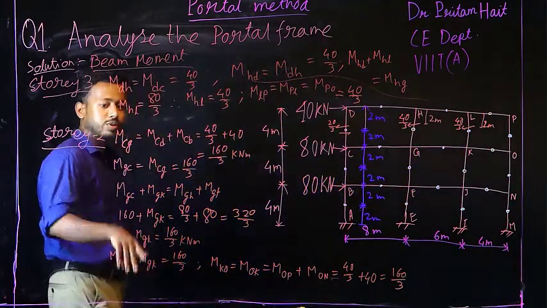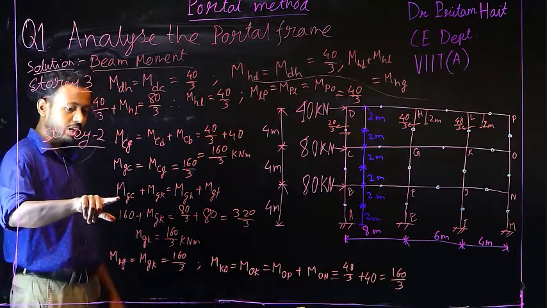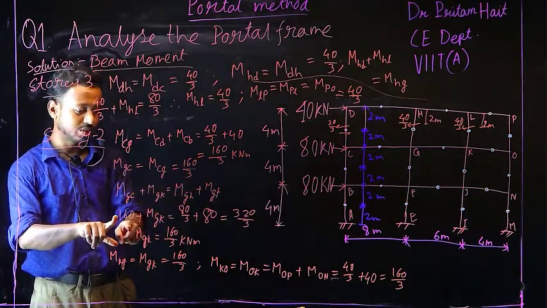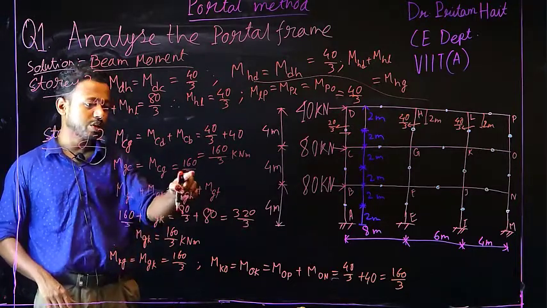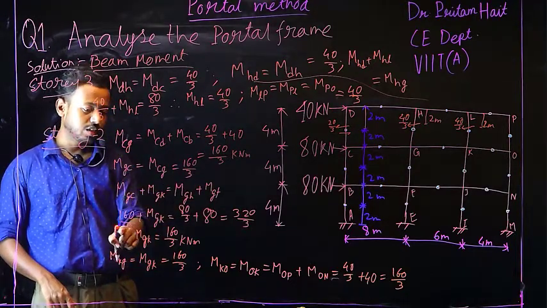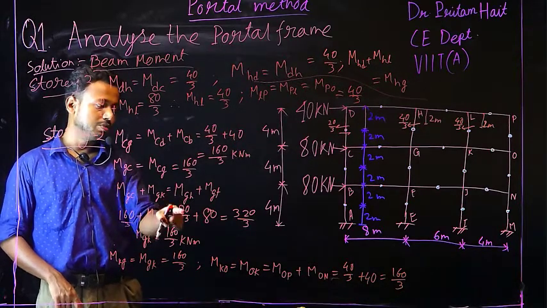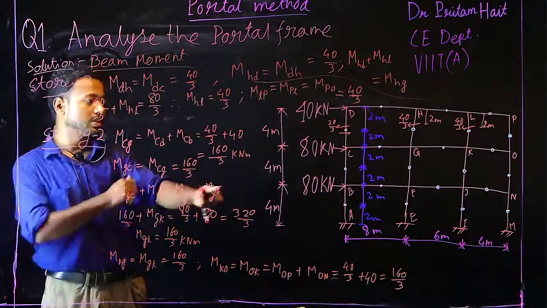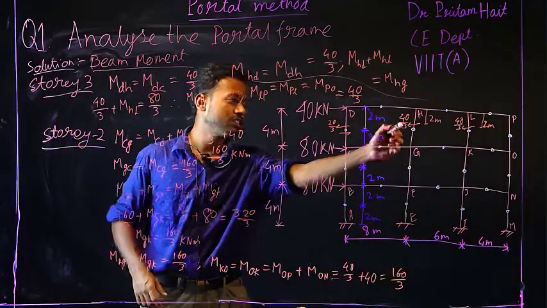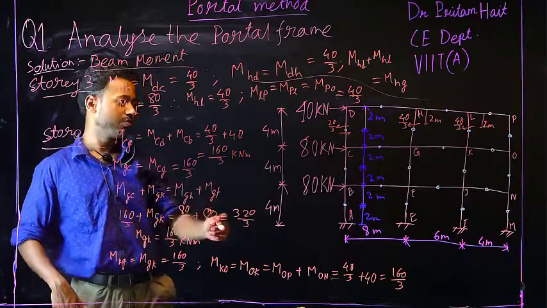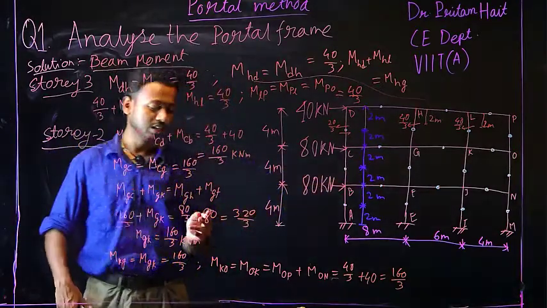So I will put the value here. MGC we have calculated 160 by 3, plus MGK we don't know, we keep it as it is. MGH we have calculated 80 by 3, so we keep it here, and MGF we have calculated in the column moment, that is 80.